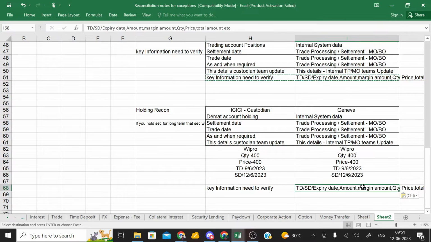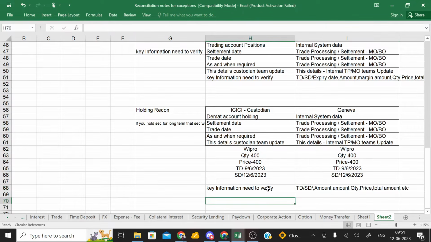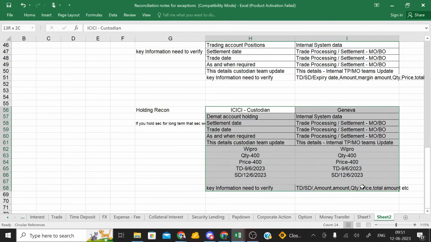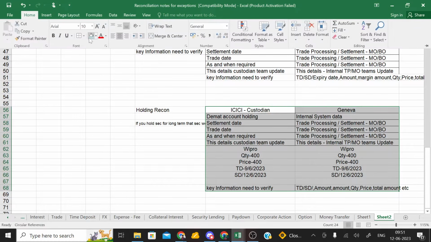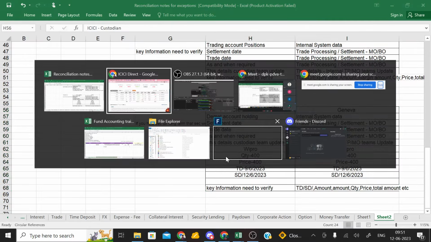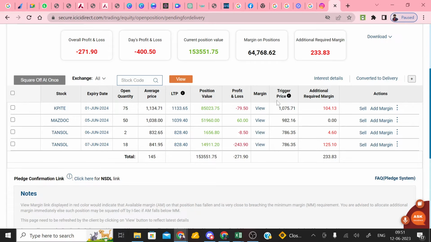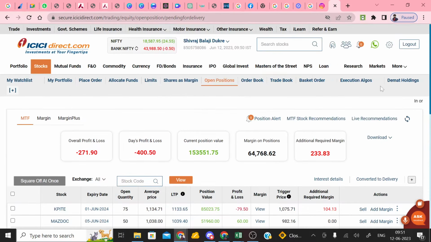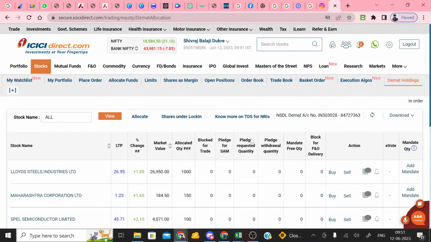There would be directly settlement date, amount, not margin, quantity, price, total amount. You can check that here with the demat account holding.